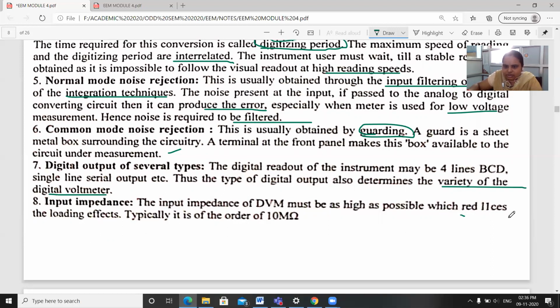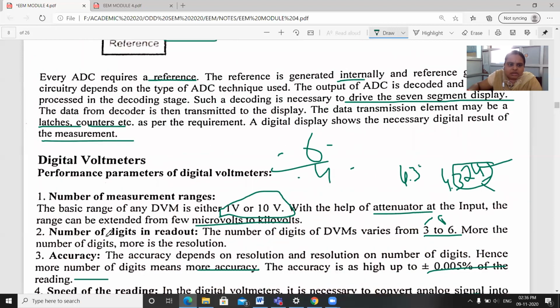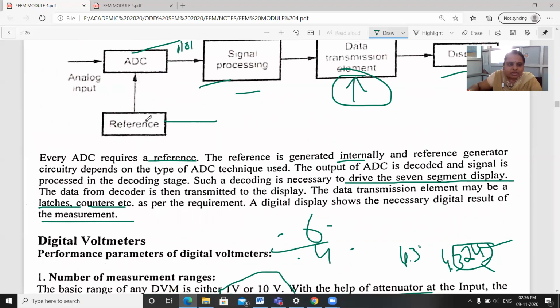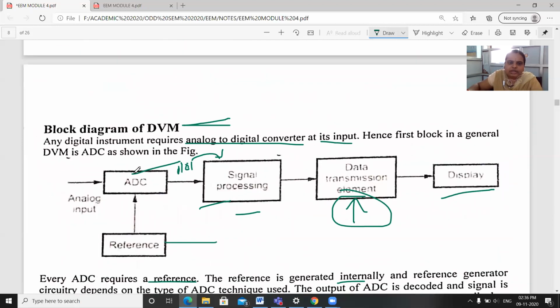Typically it is in the order of 10 megaohms. That is about your input impedance. These are all the performance parameters of the DVM, and the block diagram of the DVM.